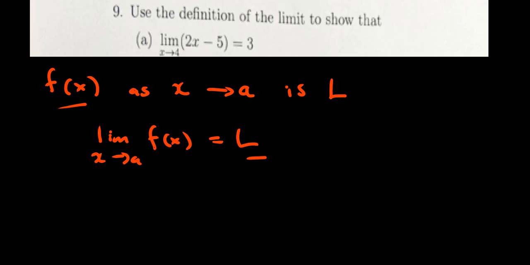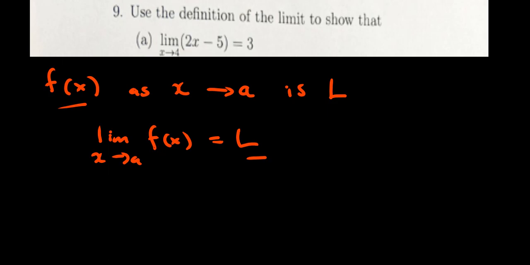So now what is the exact definition of this? The definition is, we're using the epsilon delta proof. So meaning in the definition we must have the epsilon delta.